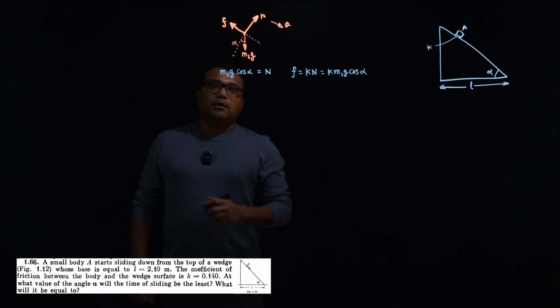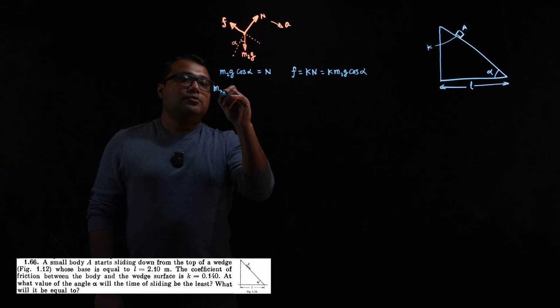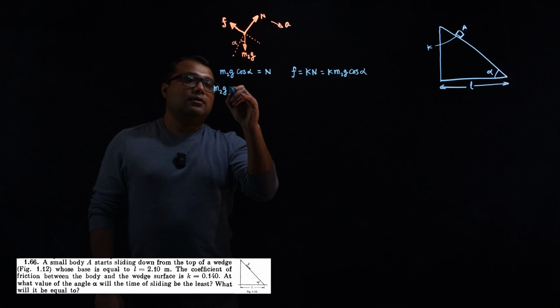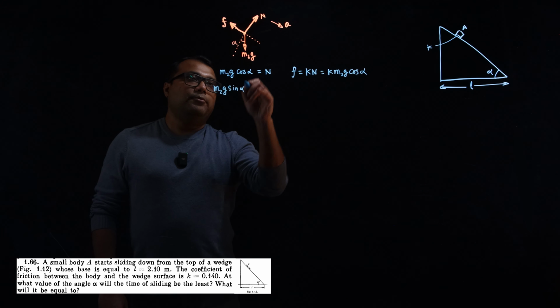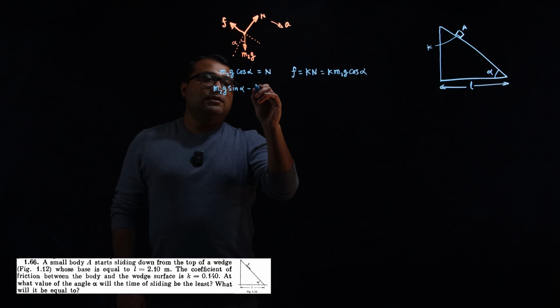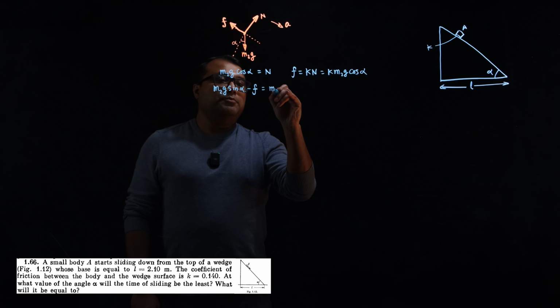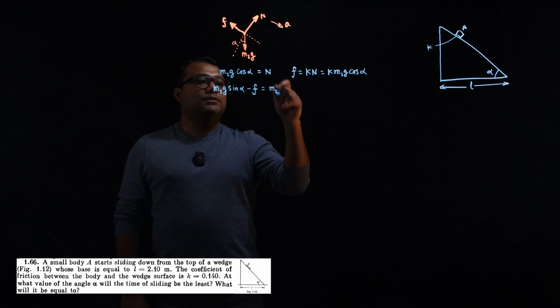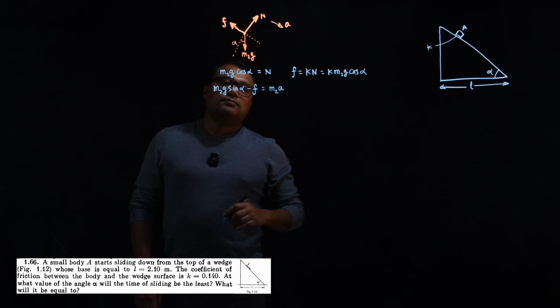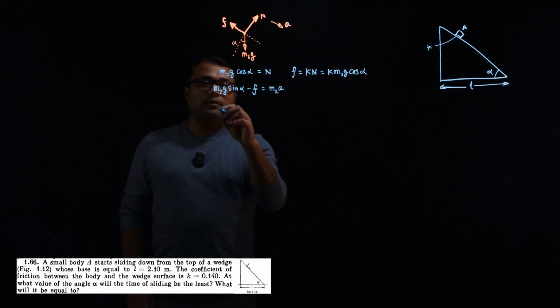Now along the surface of the plane, mg sin alpha is the component of mg along this direction, minus friction force is responsible for m's acceleration, and acceleration is a. We can substitute the value of F here.